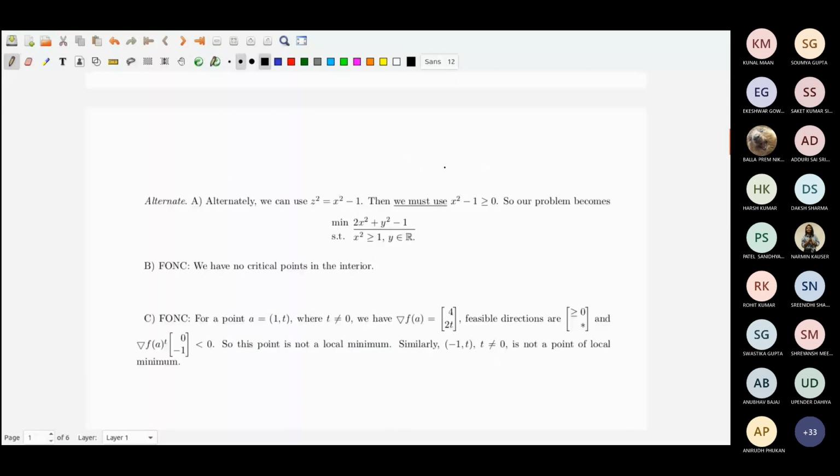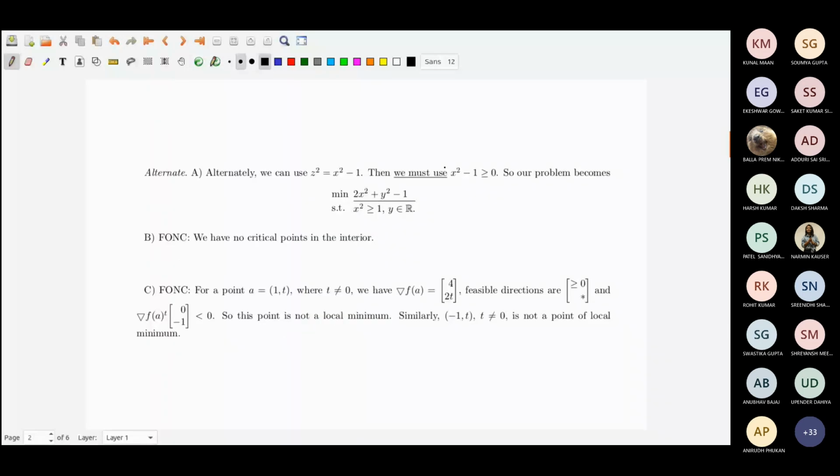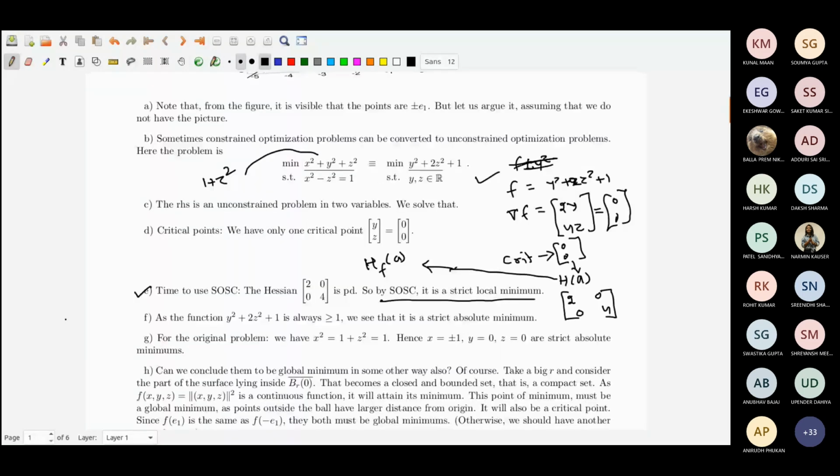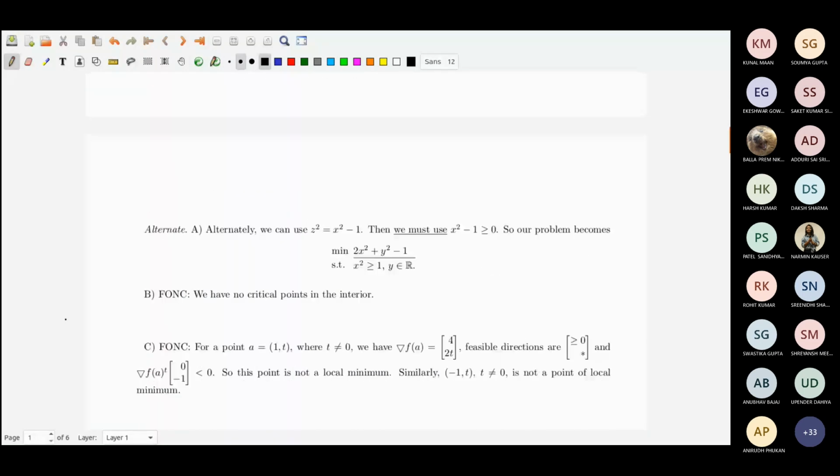This one is more illuminating. You can also use z square equal to, remember what was the case? Remember the constraint was x square minus z square equal to 1. So we can also write z square equal to x square minus 1.